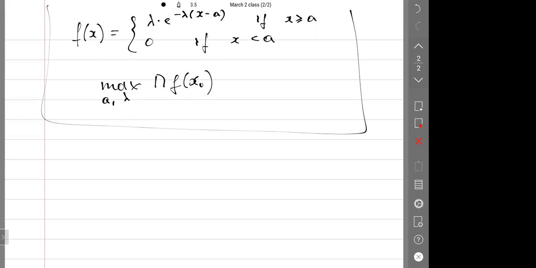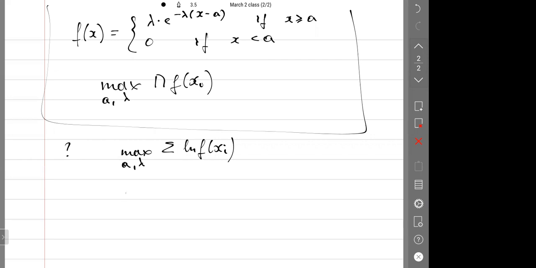Okay, yeah. What should I write? I should maximize what? Well, if already taken logs, then it will be the sum of logarithm of f of xi. I just replace product by sum, f by logarithm of f.